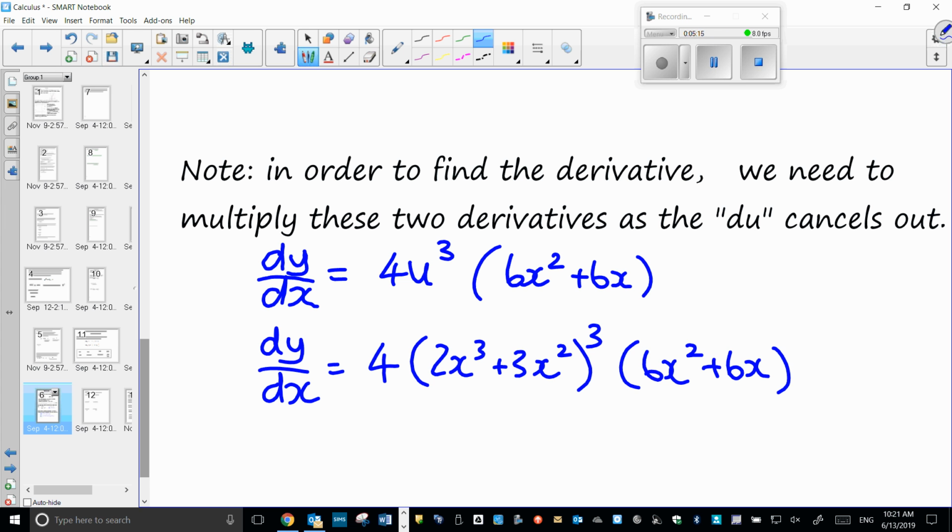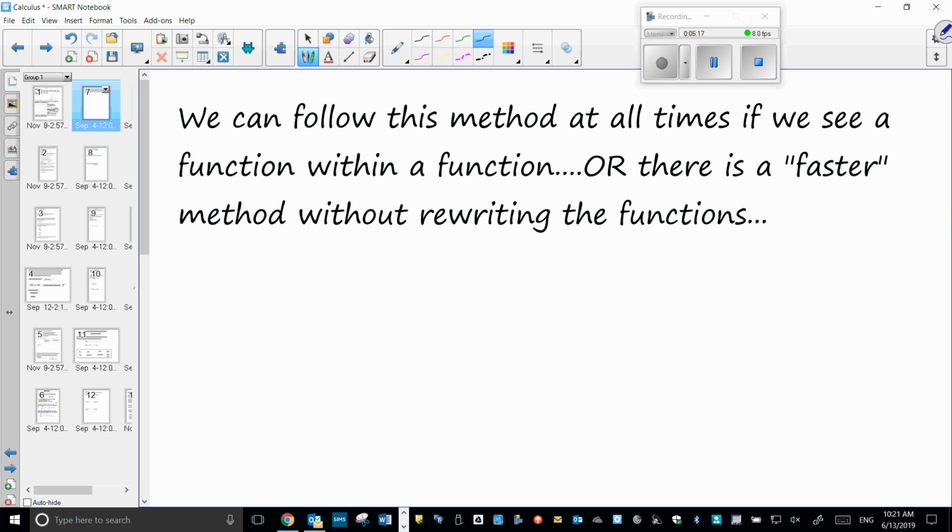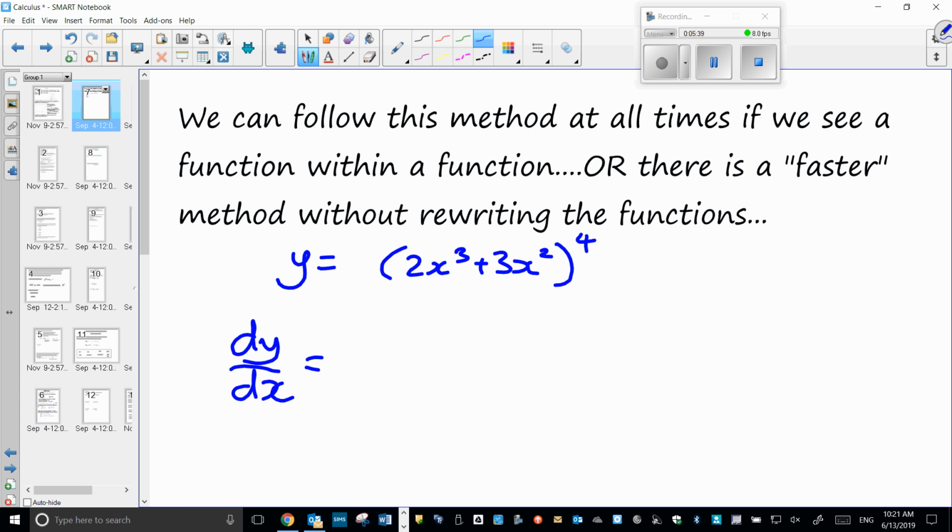However, I think it's a little bit easier just to go back to the original question of y equals, what was it, 2x cubed plus 3x squared, to the power 4. So if I'm differentiating that, dy/dx, I want you to, in your head, pretend that the bracket is just a letter.